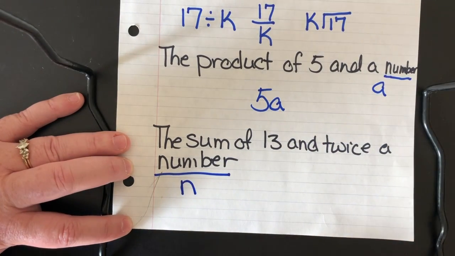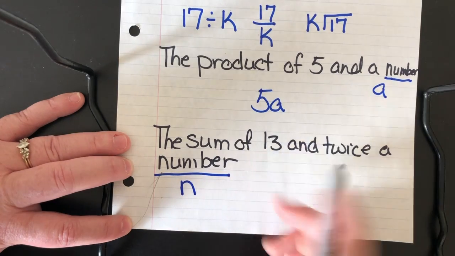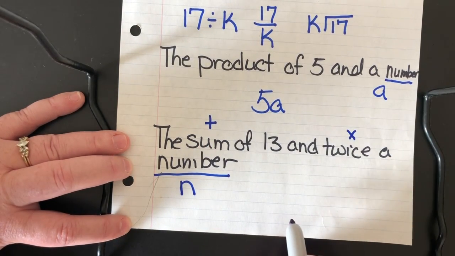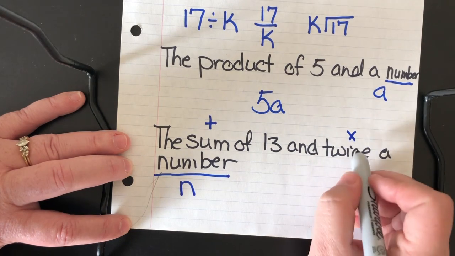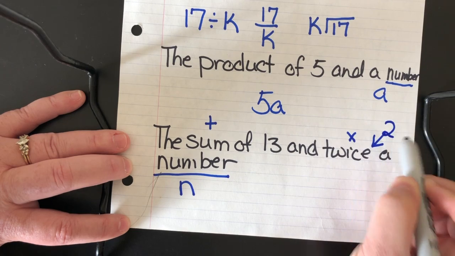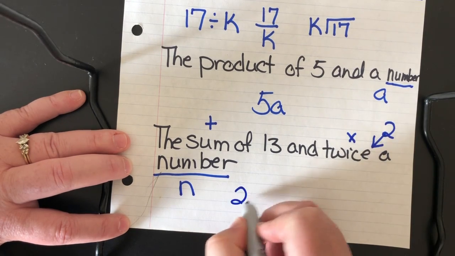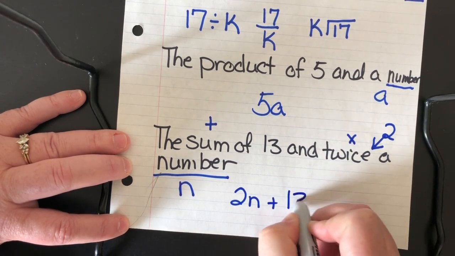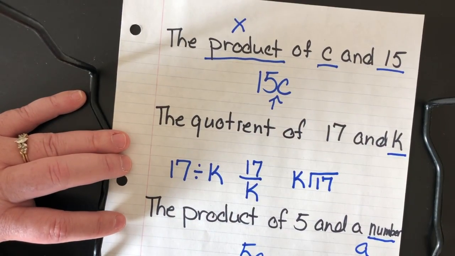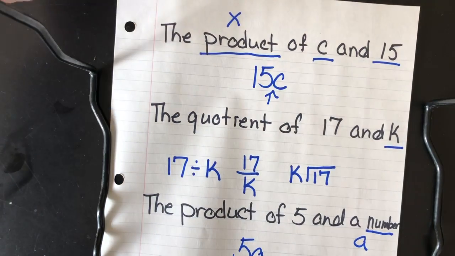I'm going to use N. The sum of means to add. Twice means to multiply by 2. So 2n plus 13. Those are your algebraic expressions for those examples.